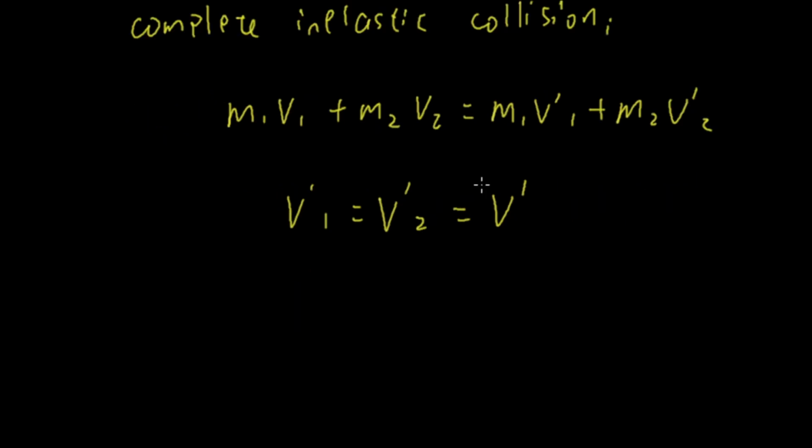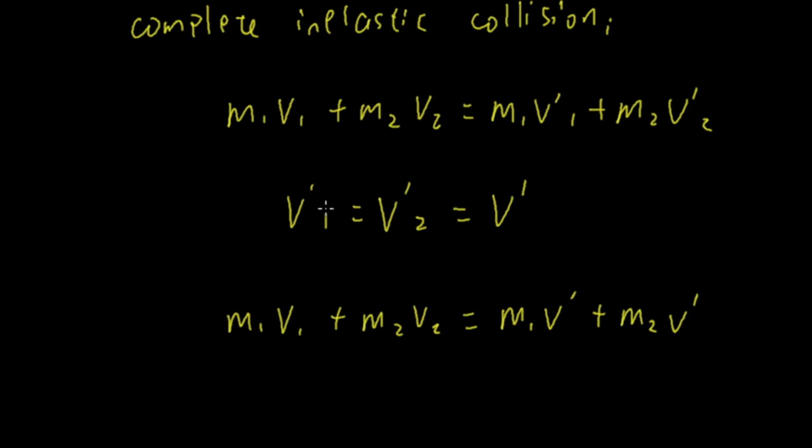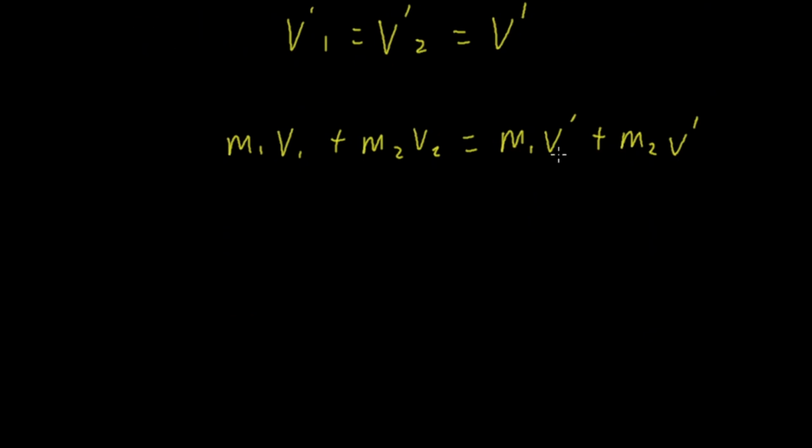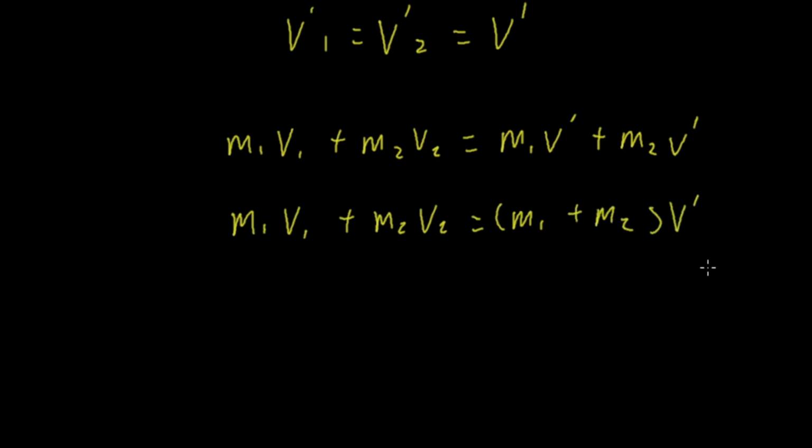So now, what does that mean? That means m1 v1 plus m2 v2 is equal to m1 v prime plus m2 v prime, because v prime 1 equals v prime 2 equals v prime. But since these v primes are the same, we can rewrite this as m1 v1 plus m2 v2 is equal to m1 plus m2 times v prime.